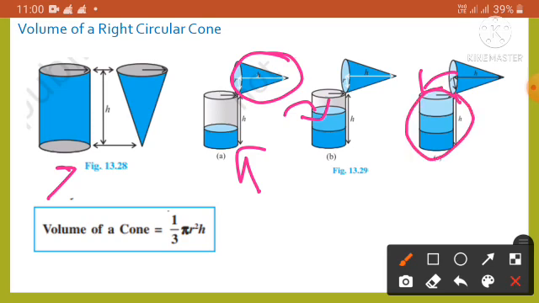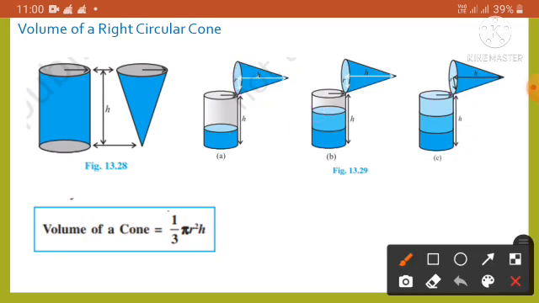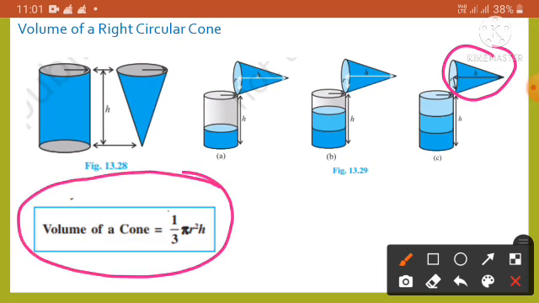So with this we can safely conclude that 3 times the volume of the cone makes up the volume of a cylinder which has the same base radius and the same height as the cone, which means that the volume of the cone is 1/3 the volume of the cylinder.